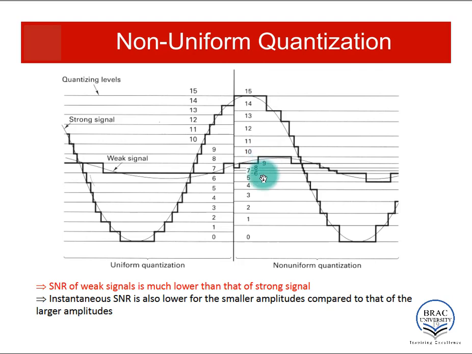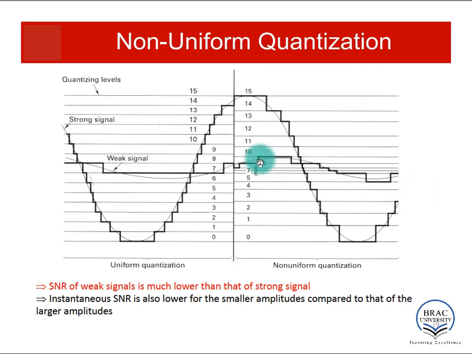So in total we have 1, 2, 3, 4, 5 and 6. Previously, for uniform quantization, for the weak signal we had 4 quantization levels. As we know, fewer quantization levels means more error. But in the case of non-uniform quantization, we have 6 quantization levels for this same weak signal, even though we are not increasing the number of bits.